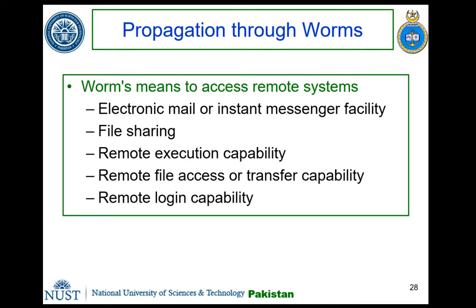In case of remote execution capability, a worm executes a copy of itself on another system either by using an explicit remote execution facility or by exploiting a program flaw in a network service to subvert its operations. With remote file access or transfer capability, a worm uses a remote file access or transfer service to copy itself from one system to the other, where users on the system may then execute it.